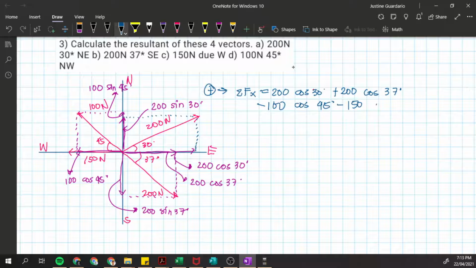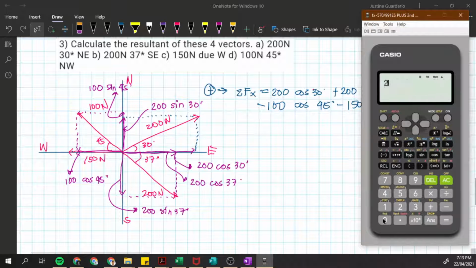And kailangan pa ba natin lagyan ng cosine yan? So, hindi na po kailangan. Kahit lagyan natin yan ng cosine 0 kasi yung angle nito with reference to our x-axis is 0 degrees and cosine 0 is equal to 1. So, basically 1 times 150 yan. So, kahit yung minus 150 na lang solve natin, then lagay lang natin siya sa calcu. 200 cosine 37.